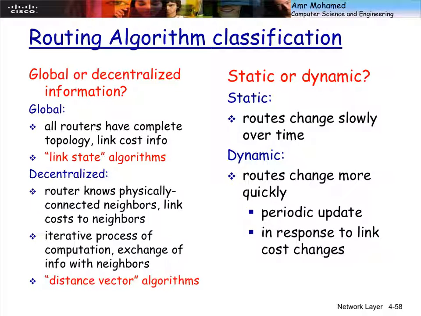Okay? Distance vector is decentralized. We try not to consolidate the global view of the network, but I will have a local view, which is all the networks that are connected to one router, and then I can send this to the next hop only.